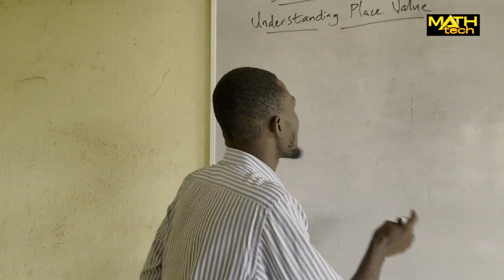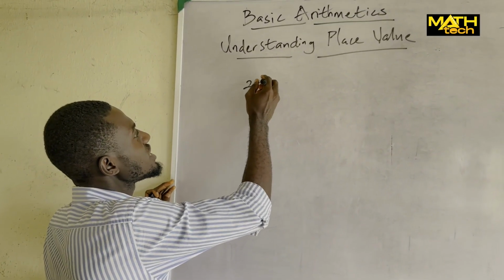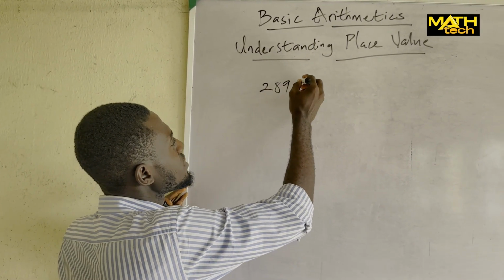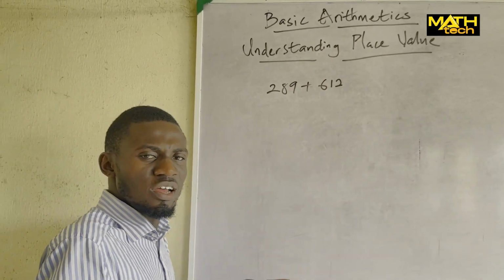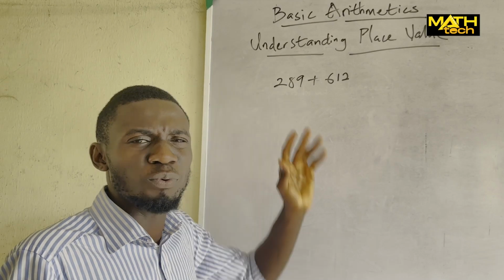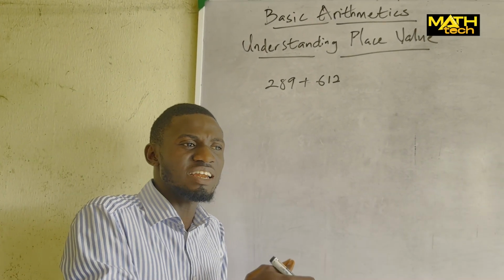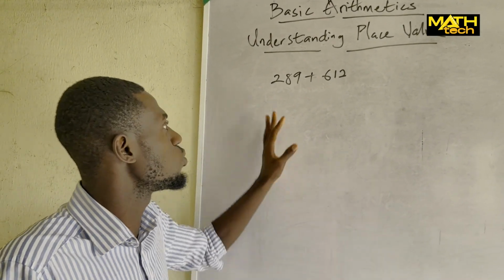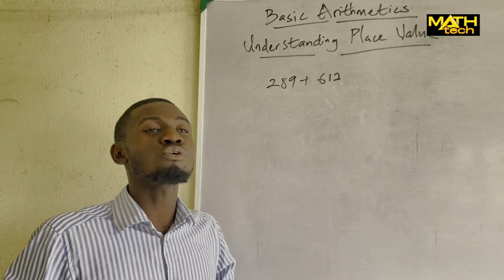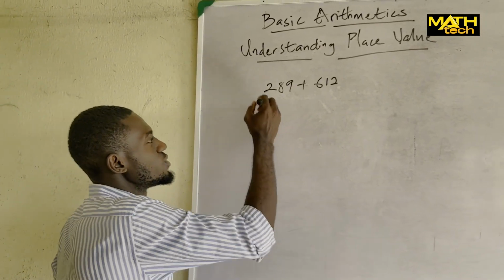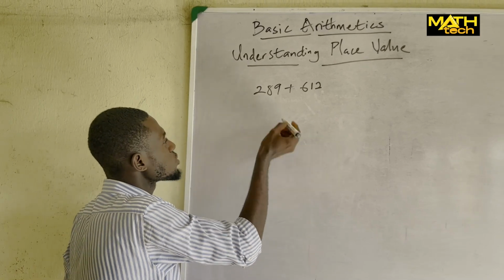Now, having values like 289 plus 612, let's see the possibility of using the tally method or kick concept to add these values. It will be so broad, like counting how many sticks.